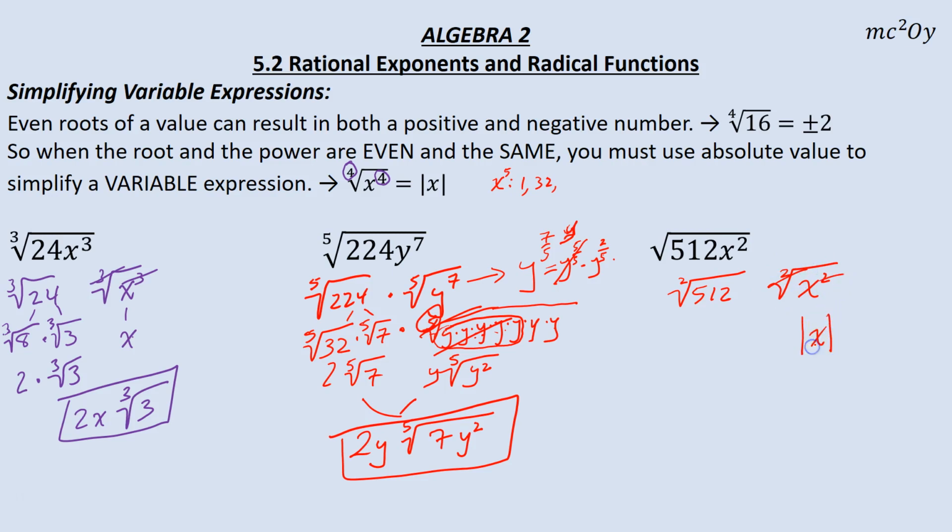That becomes the absolute value of x. So we've applied this principle up here now. And then the square root of 512, that's root 256 by root 2. And root 256 is 16, so we get 16 root 2 times the absolute value of x. So if we put all those pieces together, it's 16 absolute value of x root 2.